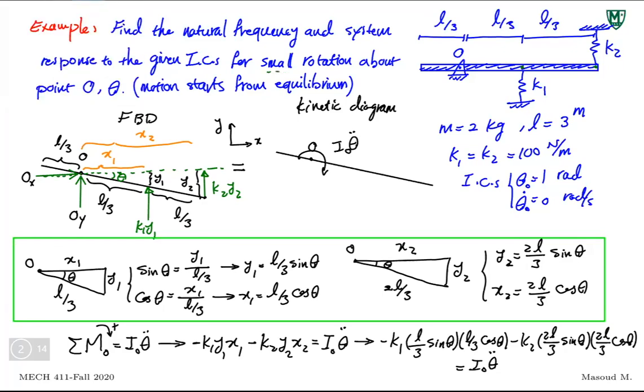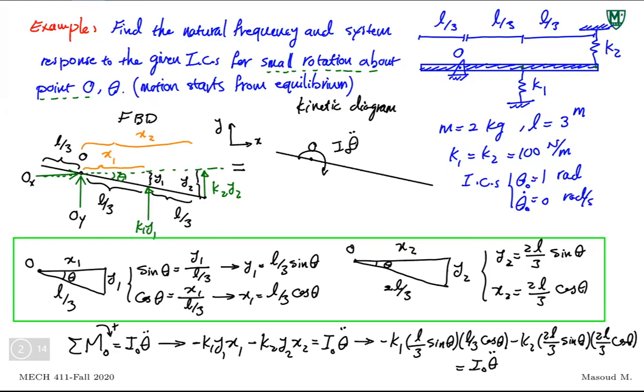I said for a small rotation about point O, and that's the hint. Small rotation, meaning that you remember what we did for a pendulum. When a pendulum is swinging, we ended up having sine theta in our equation, and then we went through this whole process of how we can simplify this equation and linearize it.